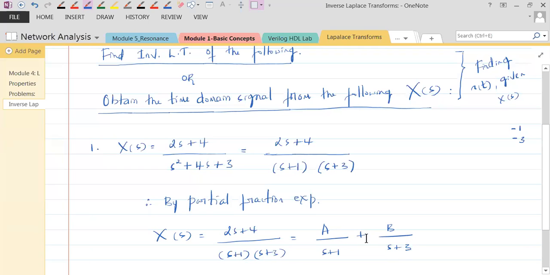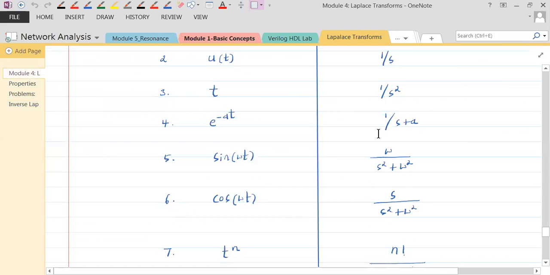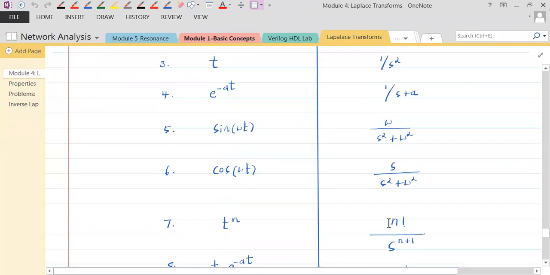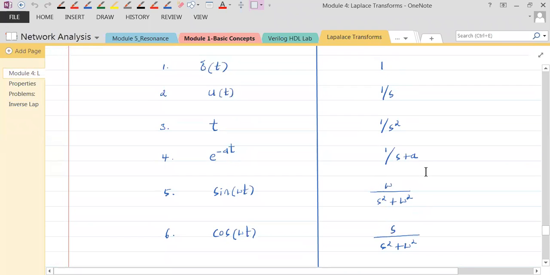Understand that. Why are we doing this? We don't know what to do if this is given to apply the inverse Laplace transform. When we apply inverse Laplace transforms, the given signal needs to be in a particular standard form: 1 by s, or 1 by s square, or 1 by s plus a, or anything that we have on the right hand side.